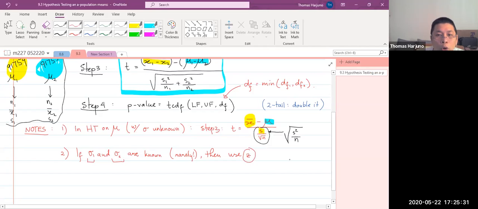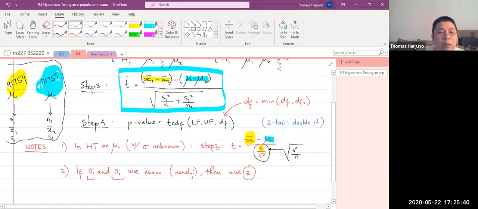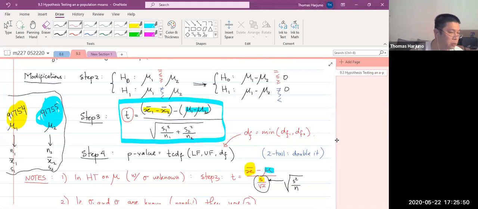If we don't know the population standard deviation, then we use the sample standard deviation, and our test statistic will become a t distribution. Now let me give you more chance to copy down the formula while I set up the problems for us to work on.